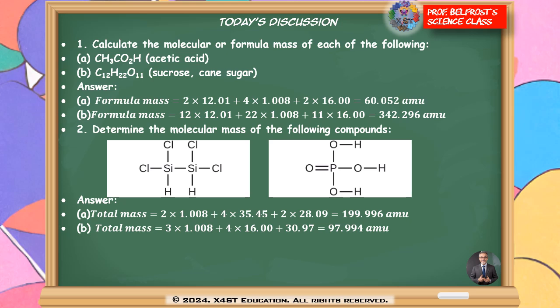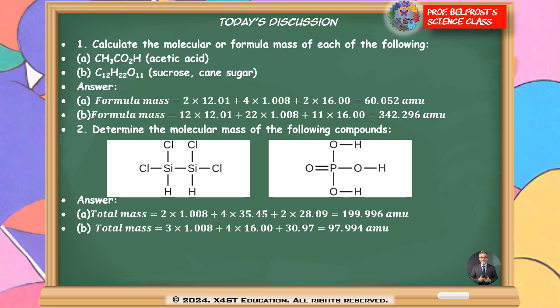Number two, determine the molecular mass of the following compounds. A is the left picture, B is the right picture. The total mass is calculated in the same way, but this time you're not given the compound's formula. You need to identify it yourself by seeing the structure.